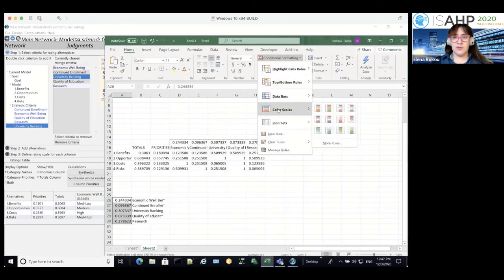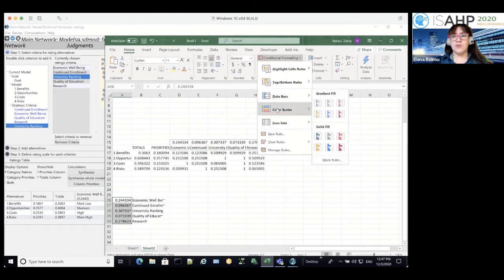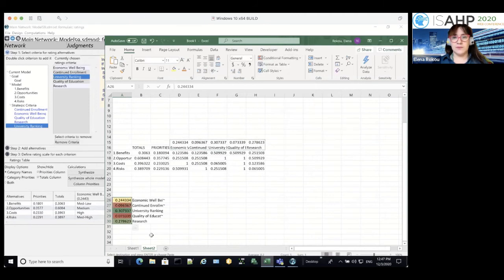to see what we were talking about, which one of the strategic criteria was the most important one. University ranking and research were the most important ones, followed very closely by the economic well-being.